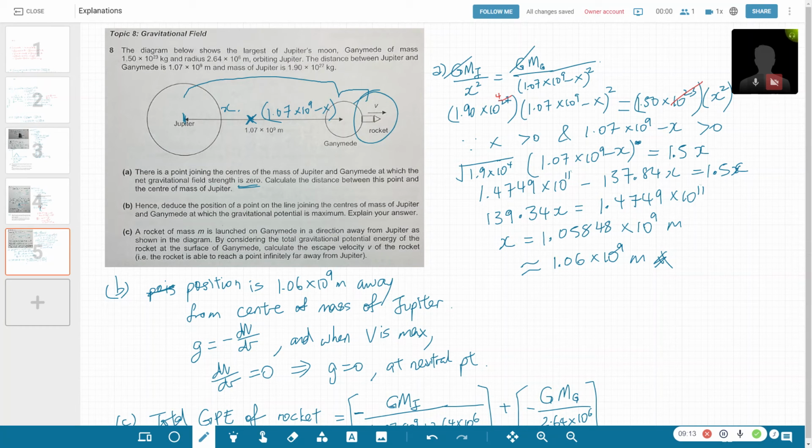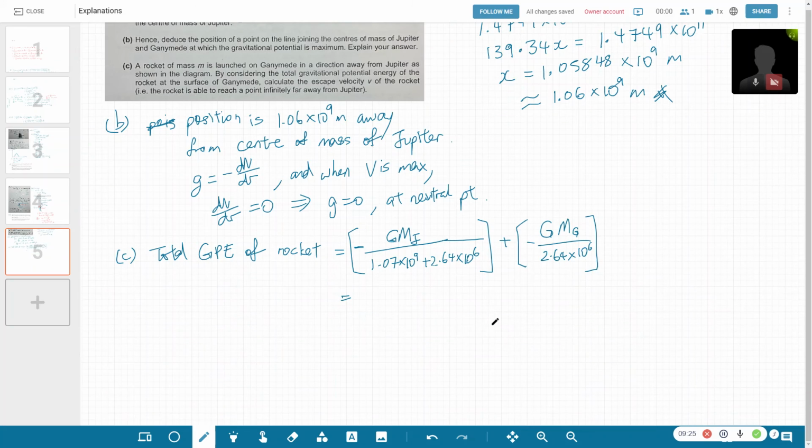We must remember to multiply by 6.67 times 10 power minus 11, the gravitational constant. I get negative 1.219 times 10 to the power of 8 joules. That's the value for the rocket.